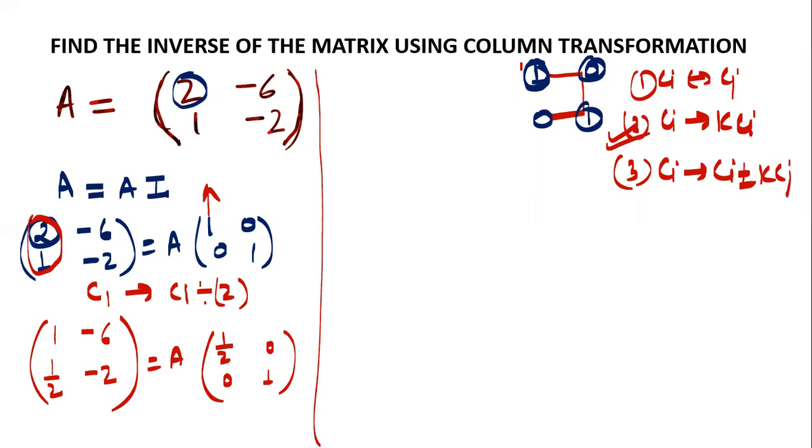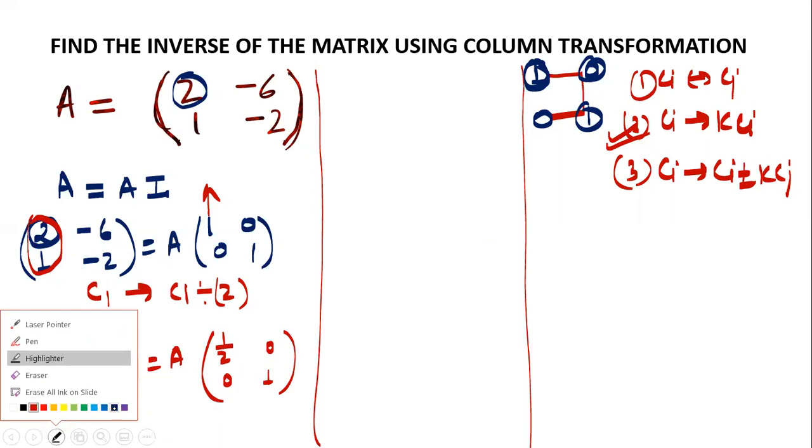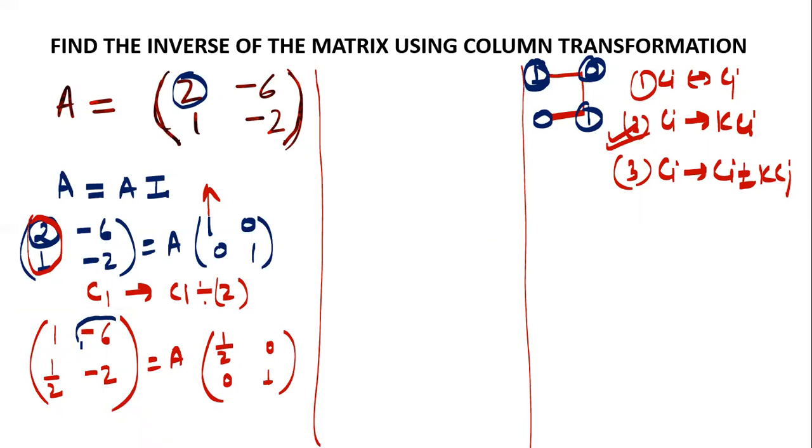Now what is my next step? My next step is I would like to make this element 0. I will come over here and follow this pattern. To make it 0, what can I do? I can write C2 arrow C2 plus 6C1.